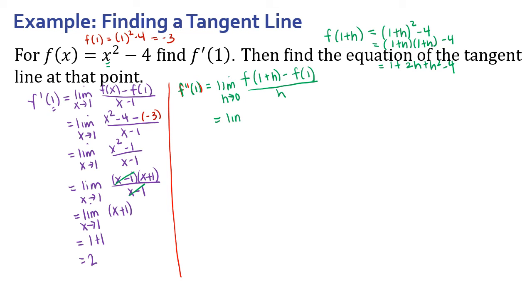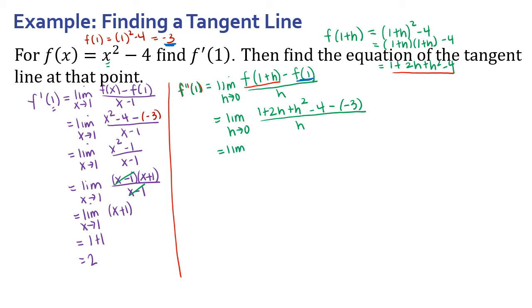So the limit as h approaches 0, and again I just found that f of 1 plus h is this, so that's what I'm going to substitute in. So I get 1 plus 2h plus h squared minus 4, and then I still have to subtract f of 1, and we found f of 1 was negative 3, so minus a negative 3 all over h.